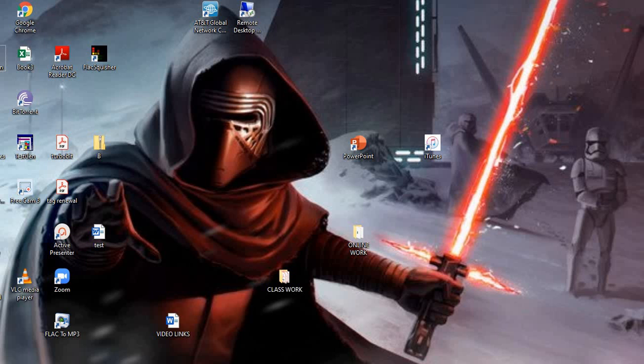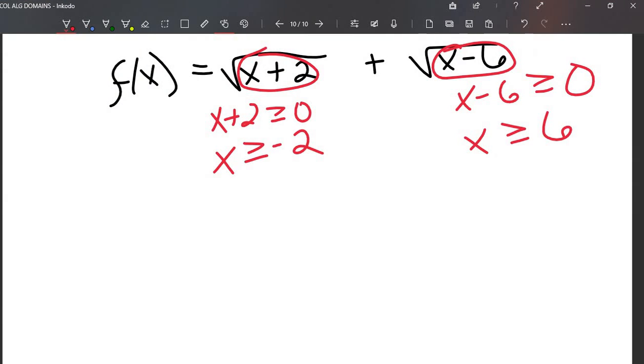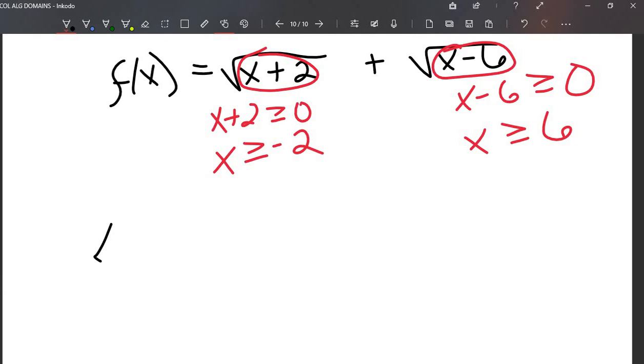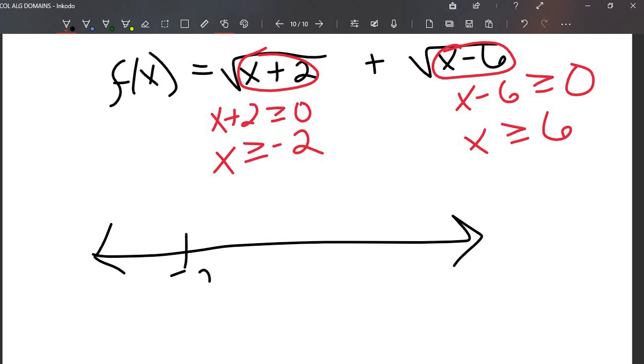When we've got two square roots, we need to draw a number line and shade. Wherever they overlap, that's the answer. So let's draw a number line. Here's my negative 2, and here's my positive 6.